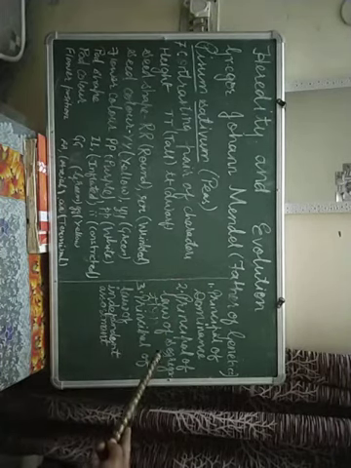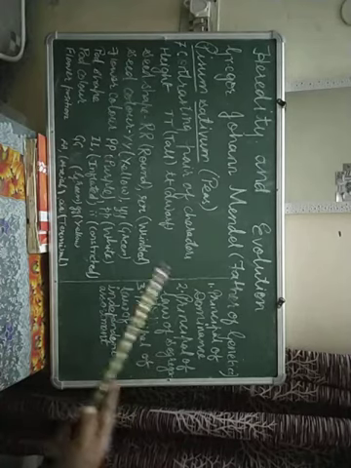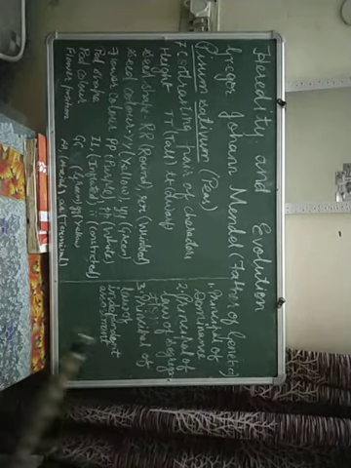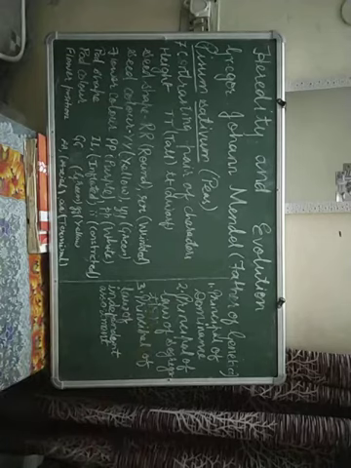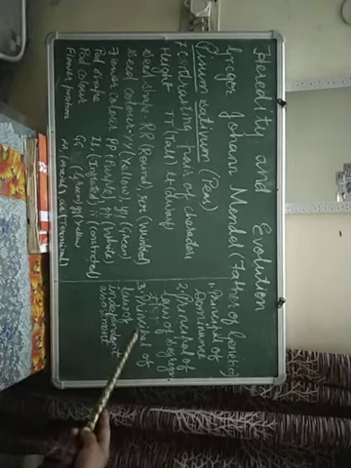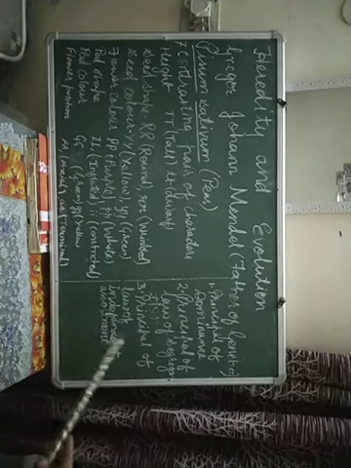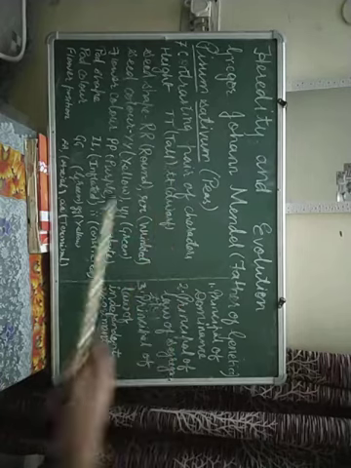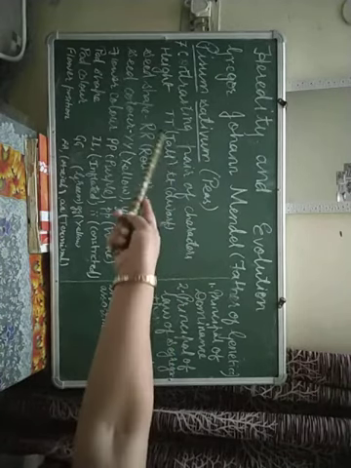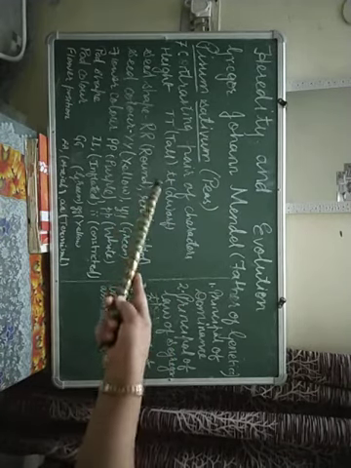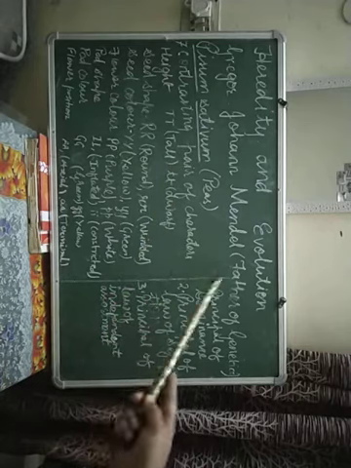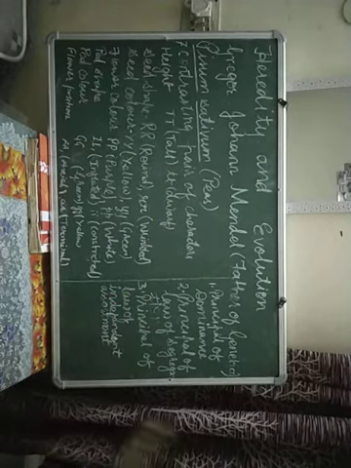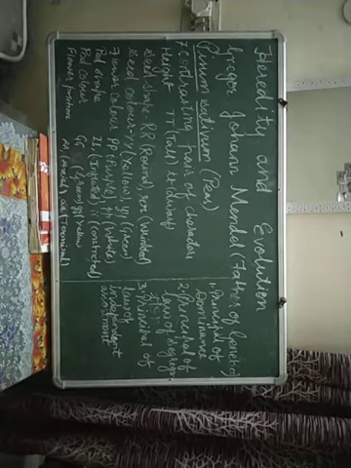I'll explain further when I do the monohybrid cross and dihybrid cross. The next principle was the law of independent assortment. After segregation, after the factors separate during gamete formation, they can independently combine. That particular law was called the law of independent assortment.